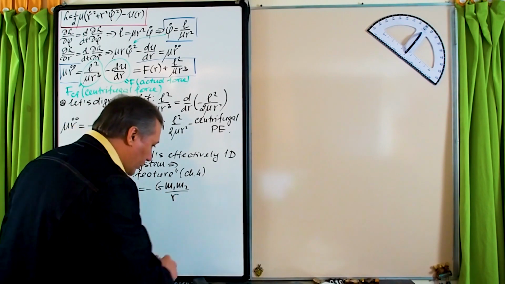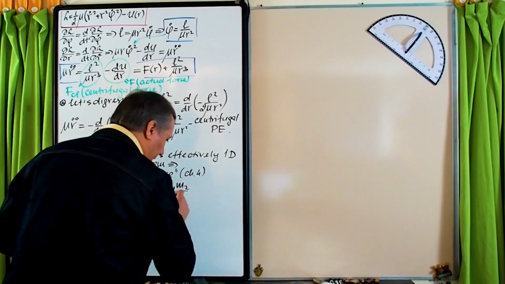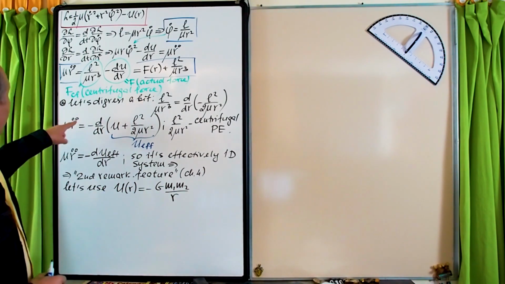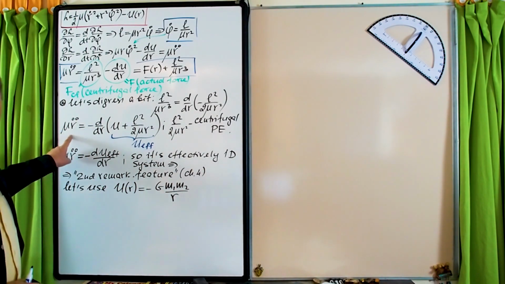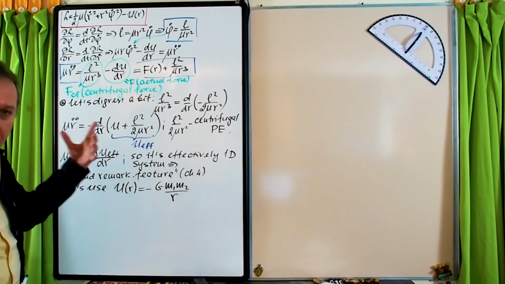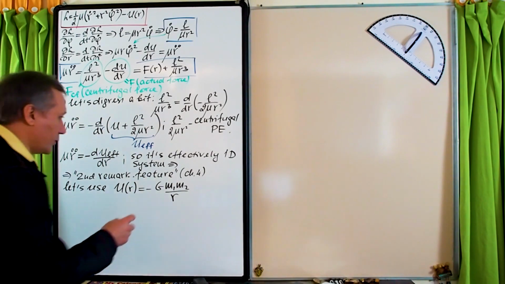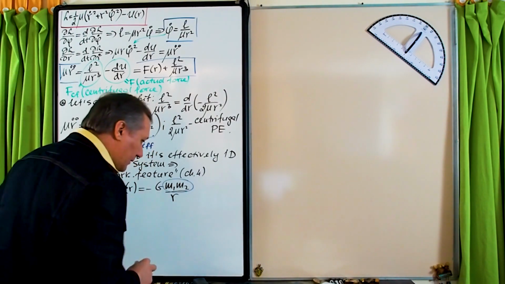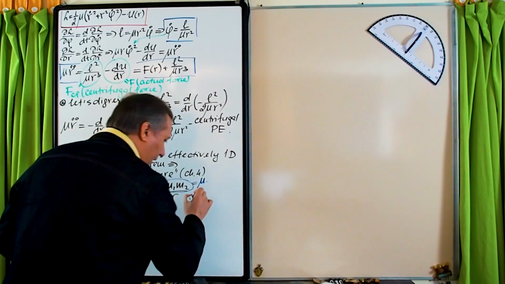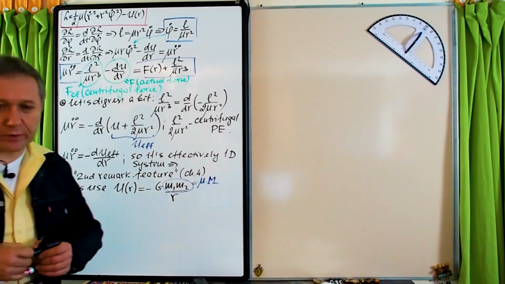Now what we're going to do is write this in terms of the reduced mass, because in our equation we have mu, which is the reduced mass. Inside this mu we have m1, m2, and here we have m1, m2. Let's just rewrite it in terms of the reduced mass. In terms of reduced mass, this is equal to the reduced mass times the total mass. You can easily show it.